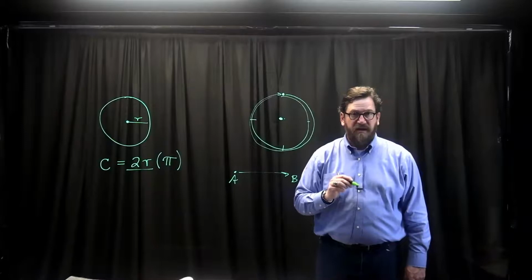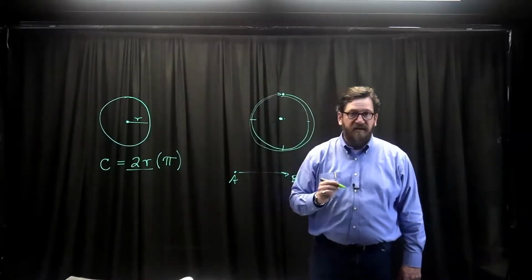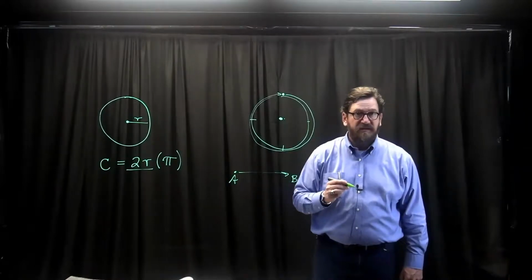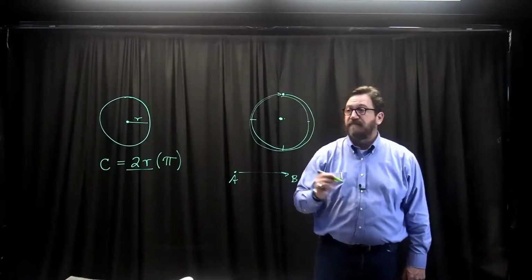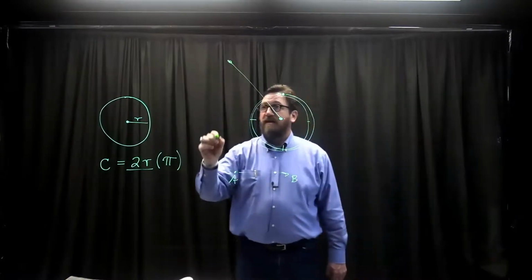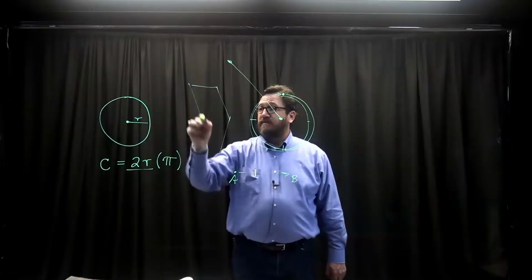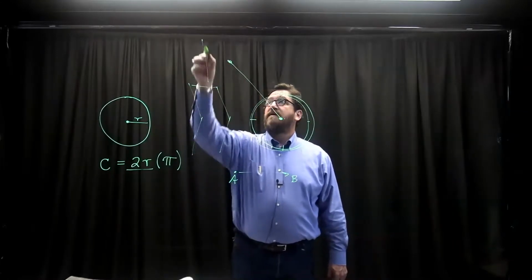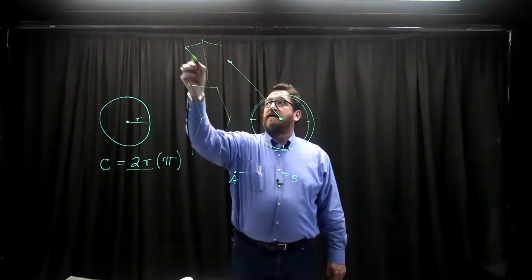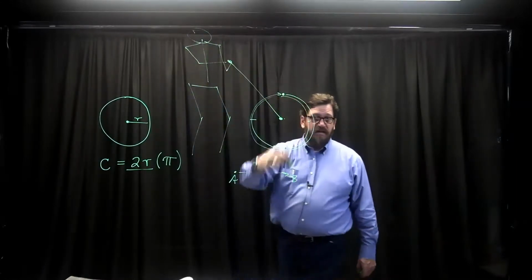Nature gave us pi. I just simply rolled a doggone wheel from A to B and said, I got where you wanted to go, 10 full rotations away. And I can put a stick on this, and I can have a man come along, and my man can be right here. And he can be holding the wheel, and he can be walking along.